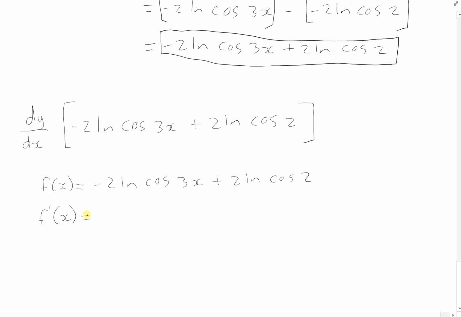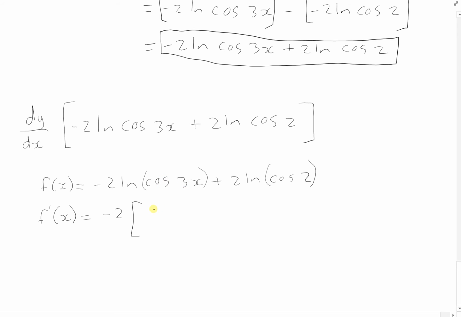So -2 is going to remain outside. Now remember, for the derivative of ln of something, you keep whatever value is inside, and you're going to find the derivative of the inside. So what's the derivative of this?